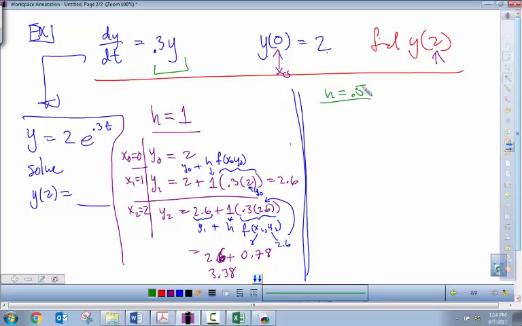It'll be a little smaller, and the smaller the step size, the more precise your graphs will look. So we'll start off with the same x naught and y naught. But this time our step size is 0.5, so it's going to take more steps to get there. So this is a give and take.